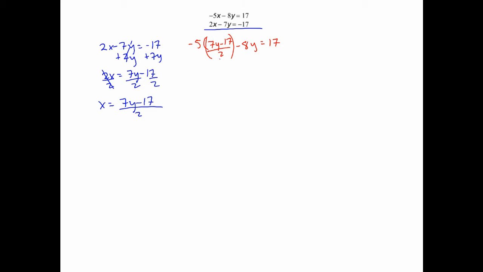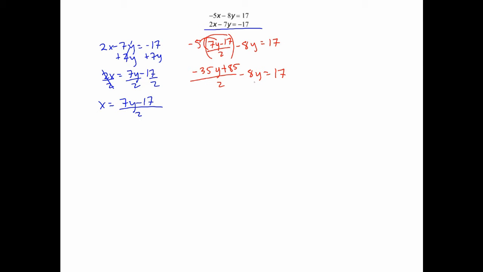So we're just going to distribute into the numerator. So I have negative 35y minus 17 times 5. That's going to give me 85, so positive 85 since they're both negative, over 2 minus 8y equals 17.